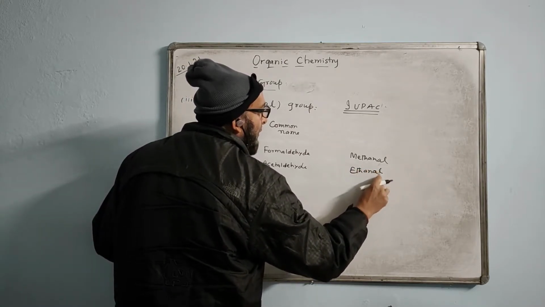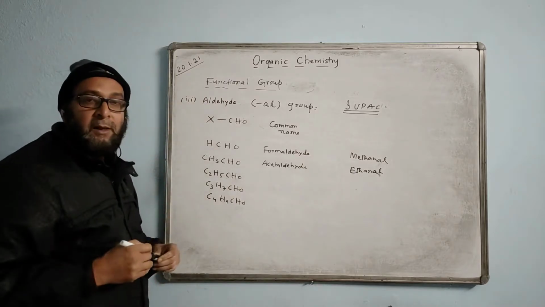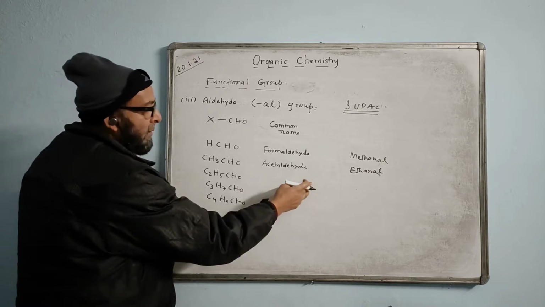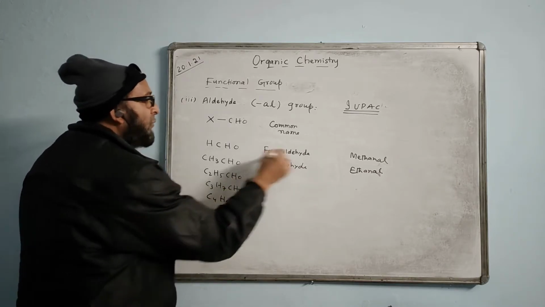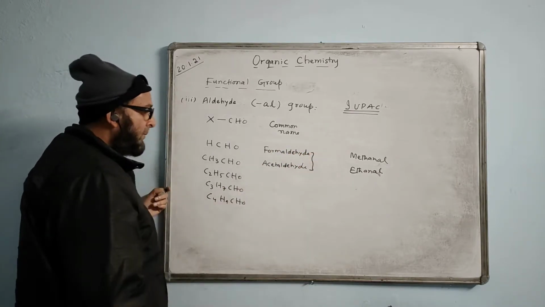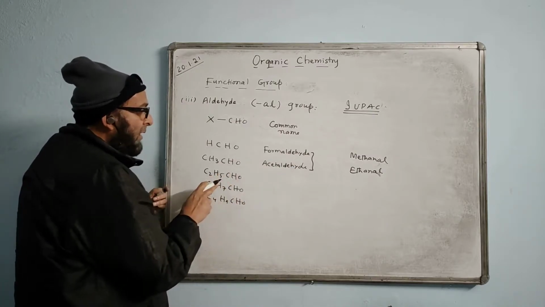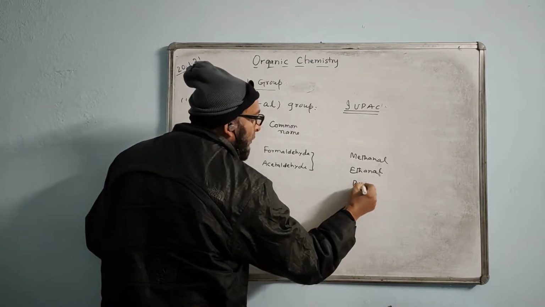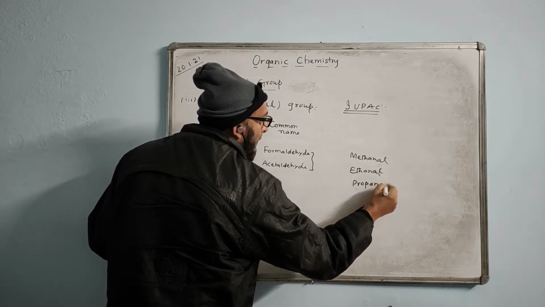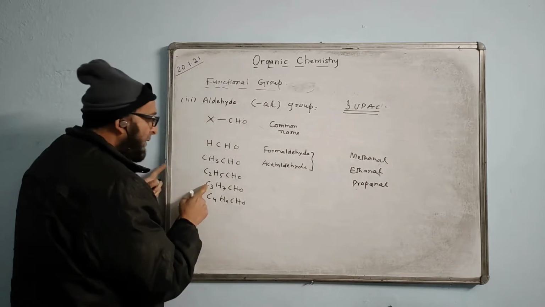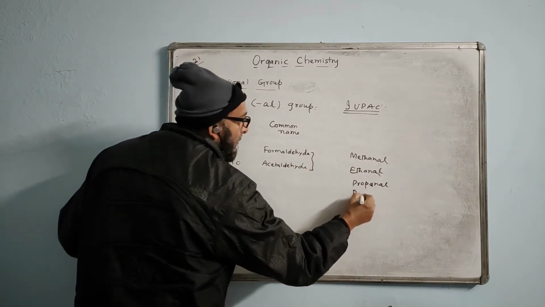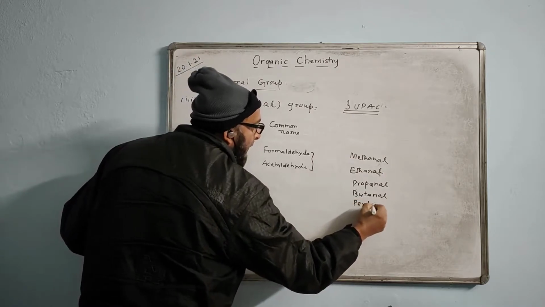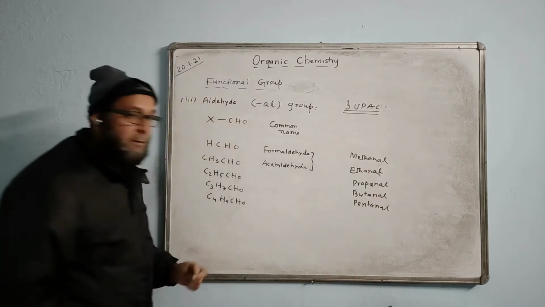You have to end up with Al, ethanal. Common names only for these two are important, others you don't need. Only the IUPAC name you should know. With 3 carbons, I write propanal. C4 is called butanal. Then this is pentanal, and so on.